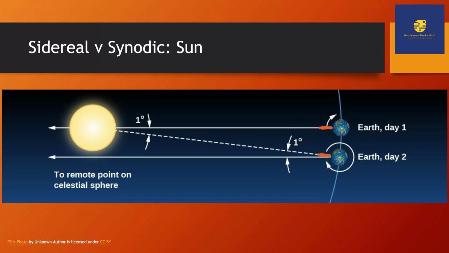You then wait a day, and what you'll find is that if you could see Vega, you would see that it would be on your meridian slightly before the sun would, because the Earth has moved in its orbit slightly and now needs to rotate another degree in order for the sun to be at true noon. So the synodic period of the Earth is, roughly speaking, 24 hours, but the sidereal period of the stars, rather, is 23 hours and 56 minutes. Again, approximately.